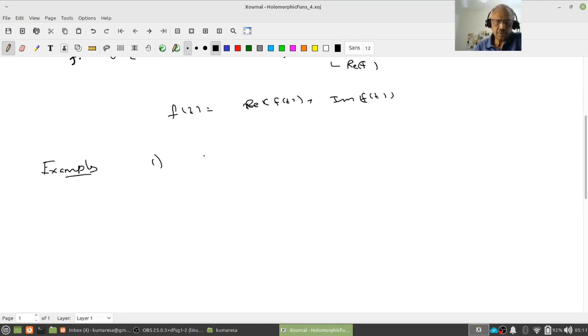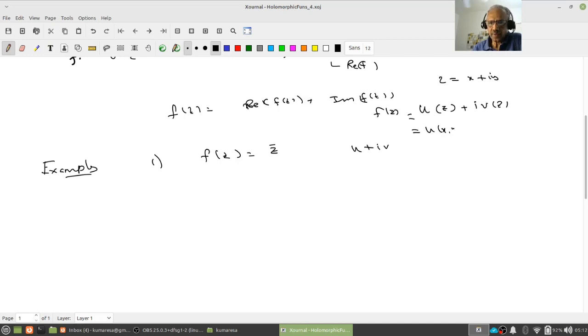Suppose f of z equals z bar. Therefore, what is u plus iv? Remember, whenever you write u, we think of it as a function of two variables. You should write u of z plus i times v of z, that is f of z. But remember, z itself is x plus iy, so it's very standard to write this as u of x,y plus i v of x,y.